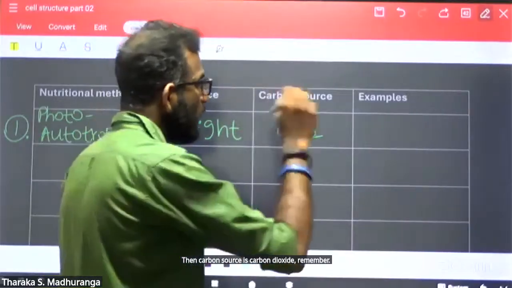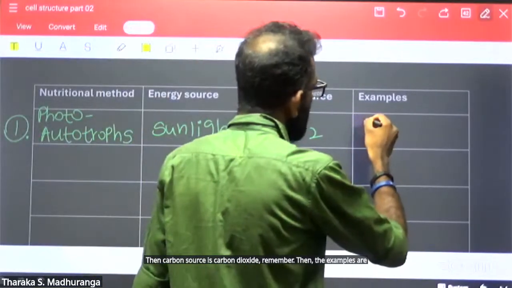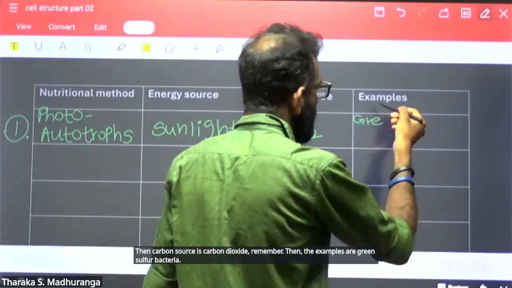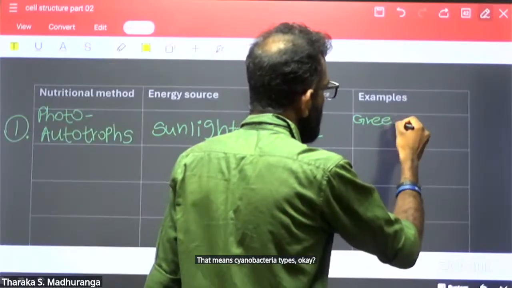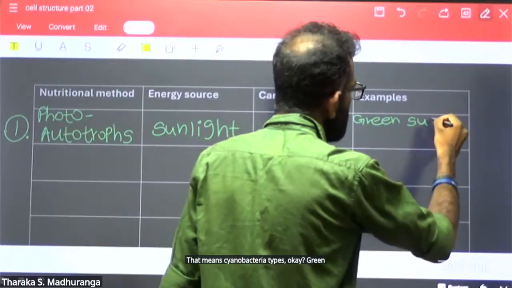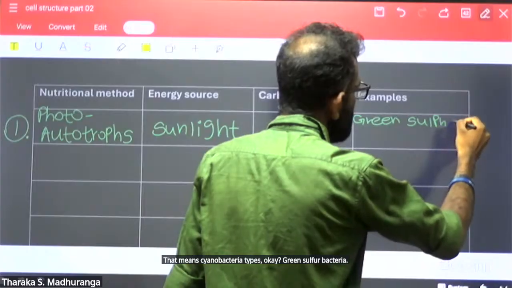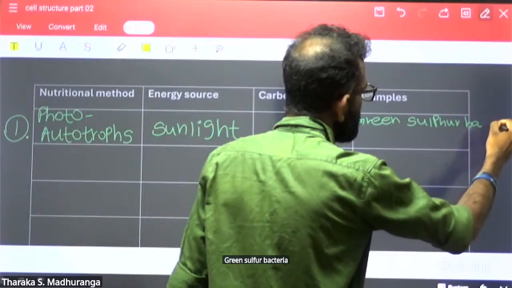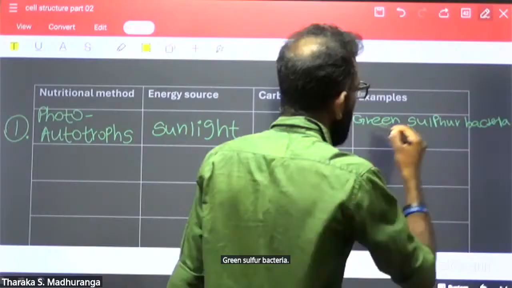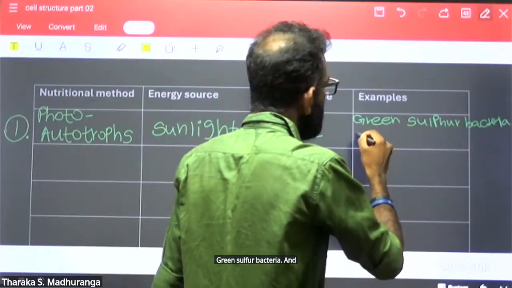Then the examples are green sulfur bacteria, that means cyanobacteria types, okay. Green sulfur bacteria and purple sulfur bacteria.